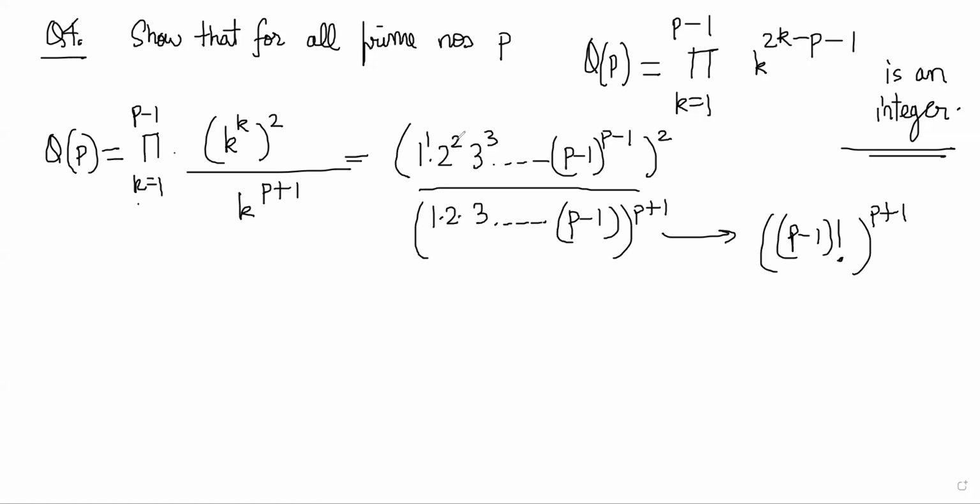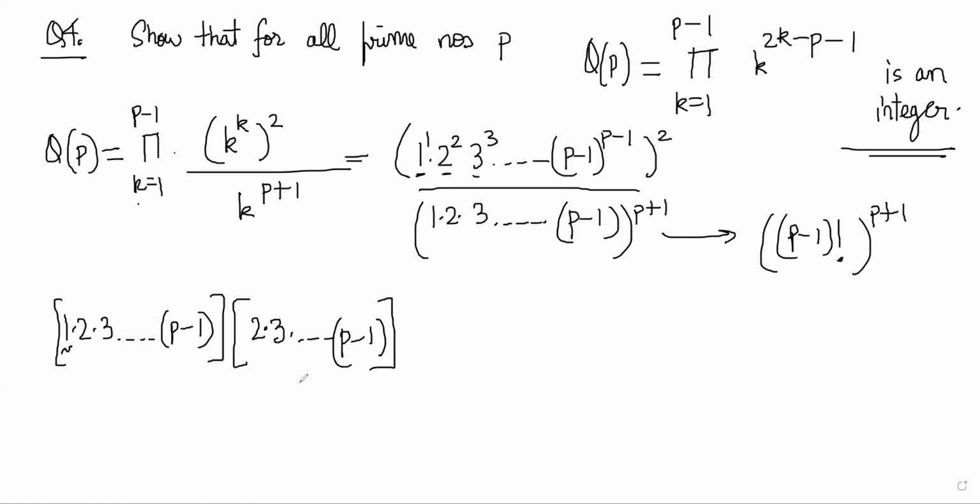So notice that this is 1 square, 2 square, 3 cube. So the number of 2's is 2, number of 3's is 3, and so on. So we can write it as 1 into 2 into 3 till p minus 1 multiplied by, see, 1 has come only once, so 1 can be written only once, right? Now 2 has come twice, so we can write it as 2 into 3 into till p minus 1. 2 has come twice. Now there will be no more 2's.